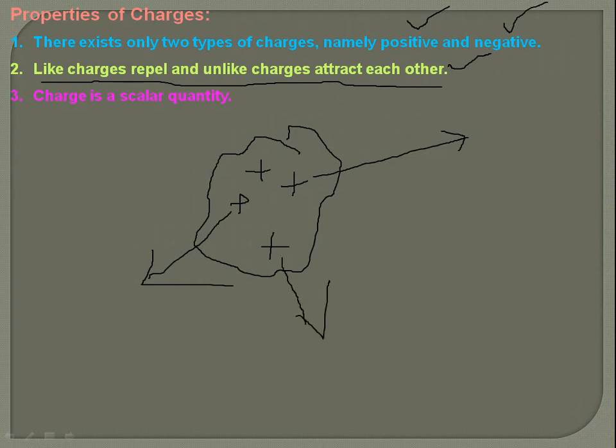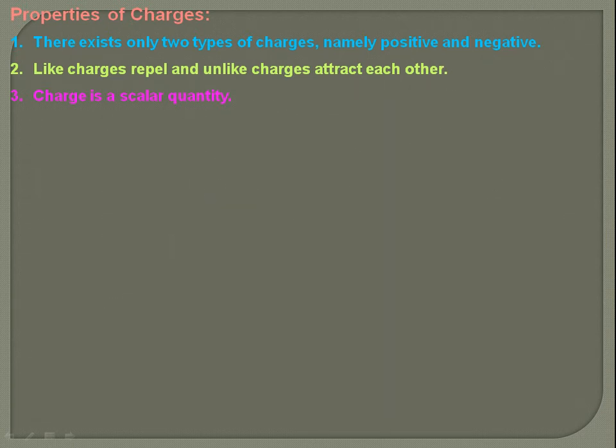You do not need to give a direction to the charge. What you have to do is just tell the amount of charge. It has 2 coulomb, 3 coulomb, whatever charge it has. You just have to mention that. So no doubt, charge is a scalar quantity, not a vector quantity.